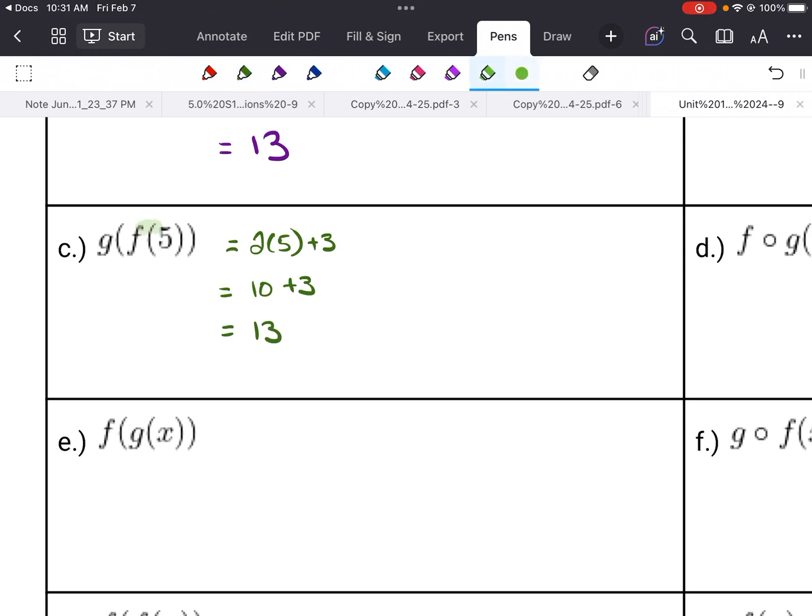So we did this part first, and we will do this part second. Now we've figured out that when the x is 5 in the f function, our output is 13. Now what that becomes is g of 13, which we've actually already done, but again, we'll do it once more.